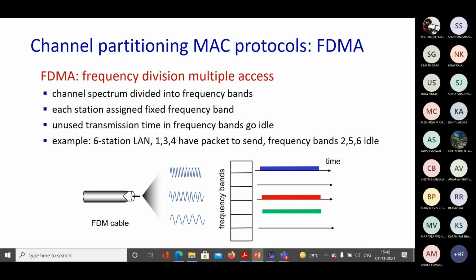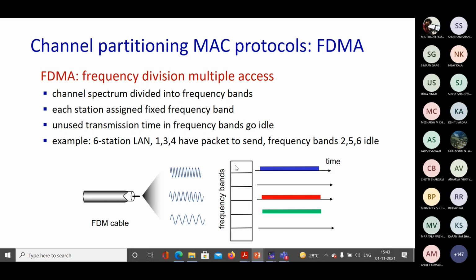Now, if you allot different frequencies to different hosts, sometimes the hosts are idle because they do not have any data to send. In that case, the unused transmission time, which could have been otherwise used, remains idle. The same example is given here with the six station LAN, where 1, 3, and 4 have packets to send.